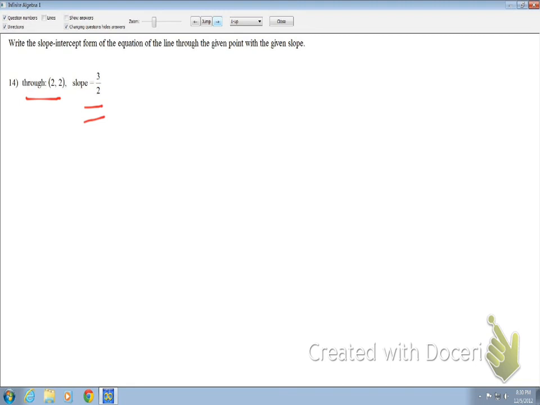Point slope form again is y minus y sub 1 equals m, the slope, times x minus x sub 1. I want to show you how to put these in slope-intercept form tomorrow in class, so we'll leave all of these in point slope form. Unless the sub is a mathematician, and then the sub can show you how to go from point slope form to slope-intercept. But I'll leave them in point slope form right now.